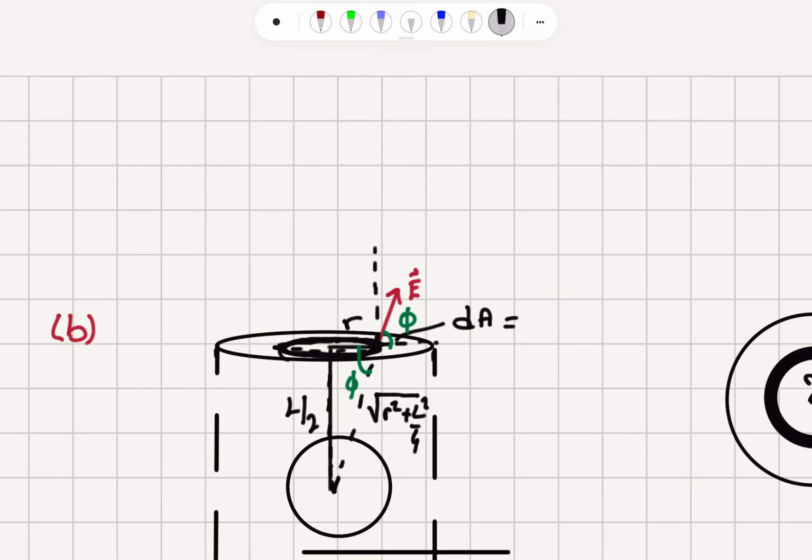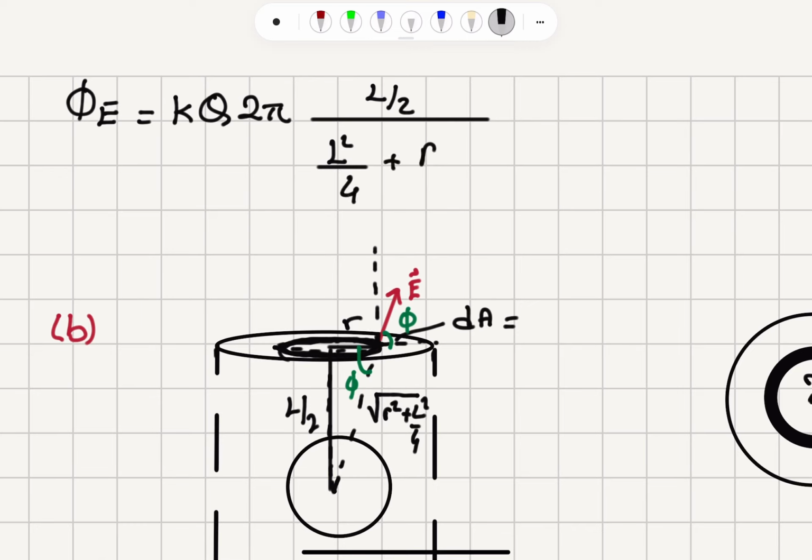For the flux by E, I have kQ 2π, L over 2, over the square root of L squared over 4 plus capital R squared. Then I would evaluate it at minus L over 2 and subtract this. So that just implies that I'm multiplying this by 2.